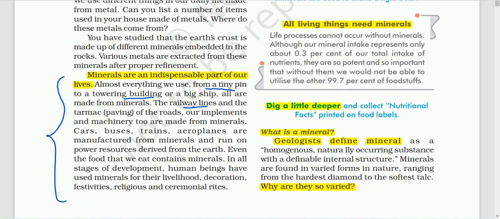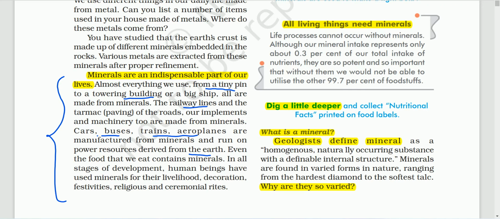Cars, buses, trains, aeroplanes are manufactured from minerals and run on power resources derived from the earth. All the minerals and the power resources are derived from the surface of the earth or from the subsurface. And even the food that we eat contains minerals.